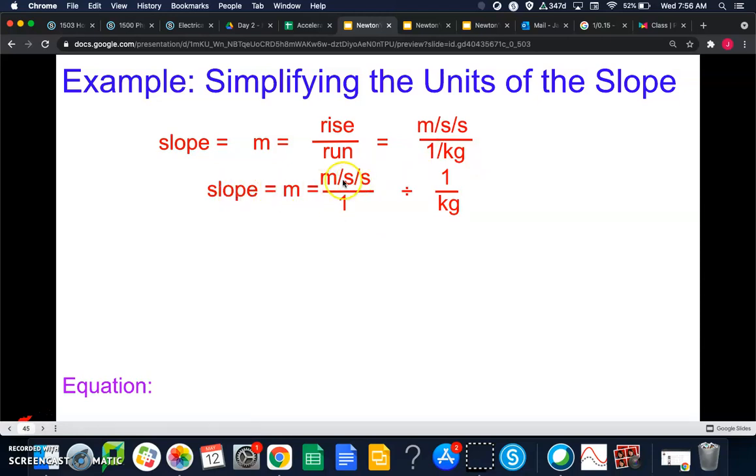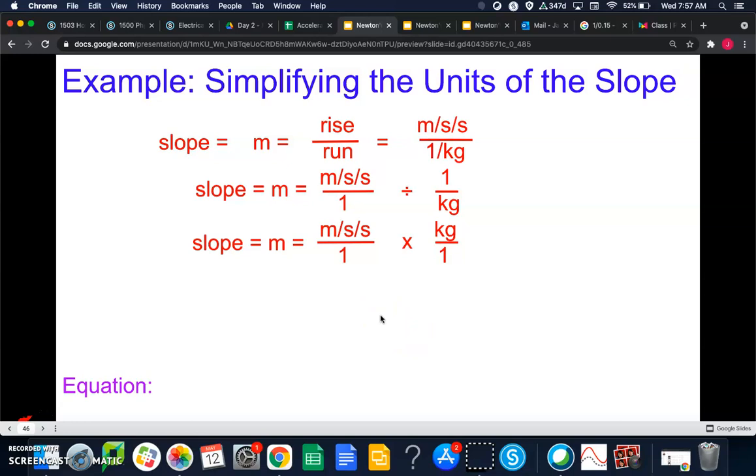Our slope is going to be meters per second over 1. I took the top part of this equation and put it over 1, and then I'm dividing by the bottom part, 1 over kilograms. Again, we're going to take the reciprocal of 1 over kilograms, so that becomes kilograms over 1.